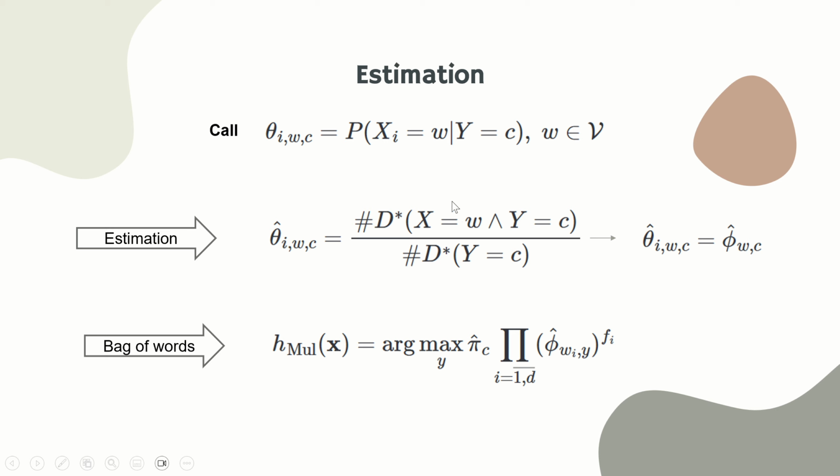We count all the words in the documents that have a label C, divided by the total number of words that have the label C. We don't use the set D anymore, we use the set D asterisk. This emphasizes the frequency of the word, so it's better than the traditional categorical one.